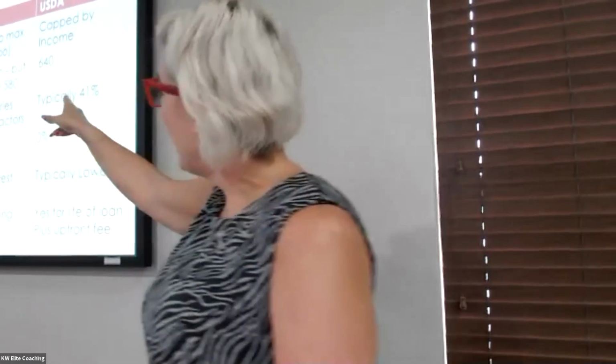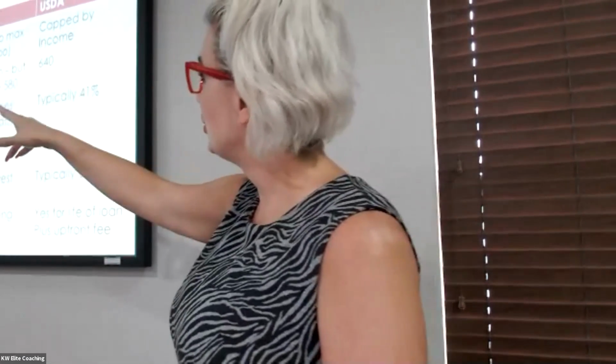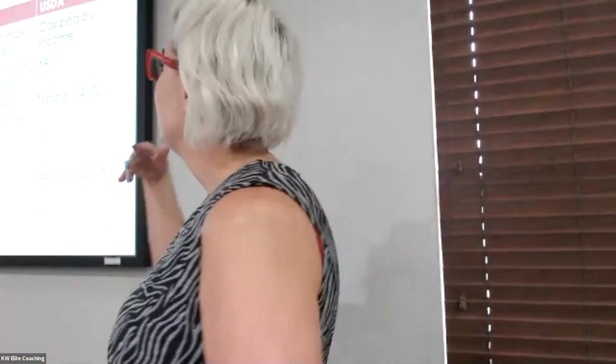FHA, max loan amount $356,352. VA has the same as conventional, but they also now, as of I think a year ago, started a new product called the VA Jumbo loan. And the VA Jumbo has no max amount. So you can technically get a VA loan for whatever amount you want, as long as you meet the qualifying criteria for that amount.